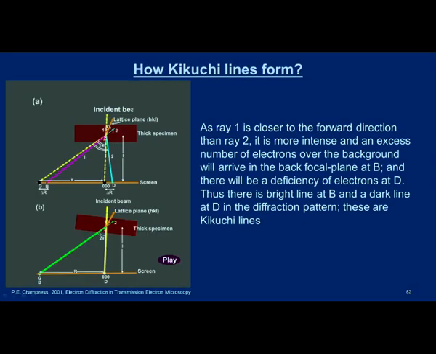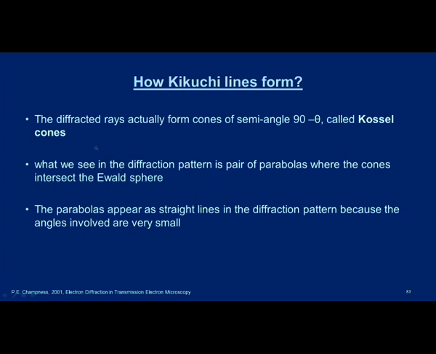Once the crystal is rotated a little bit, ray 2 falls along the optic axis, and ray 1 falls at the diffraction spot. The diffracted rays actually form cones of semi-angle 90 minus theta, called Kossel cones.